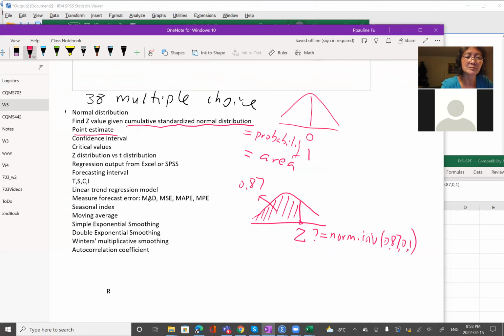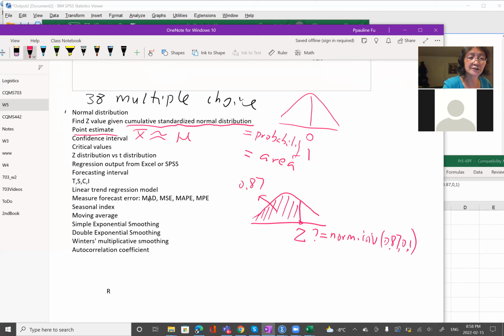So use the sample mean x bar to estimate the population mean mu. That is the point estimate. Those are in chapter 2, and also CQMS703 concept.